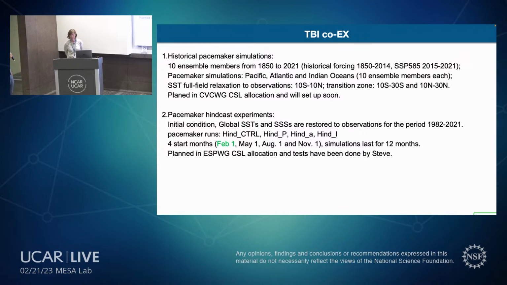Each of these simulations will start from four starting months: February 1st, May 1st, August 1st, and November 1st. Each of these simulations will run for 12 months. The February 1st one is required for every group to do. For the others, it's way better to do them, but not required to participate in this project.